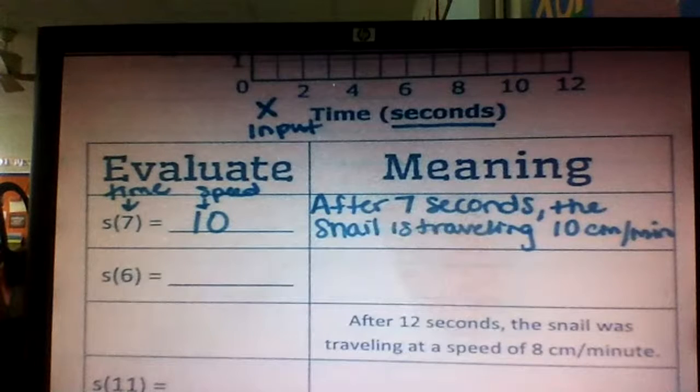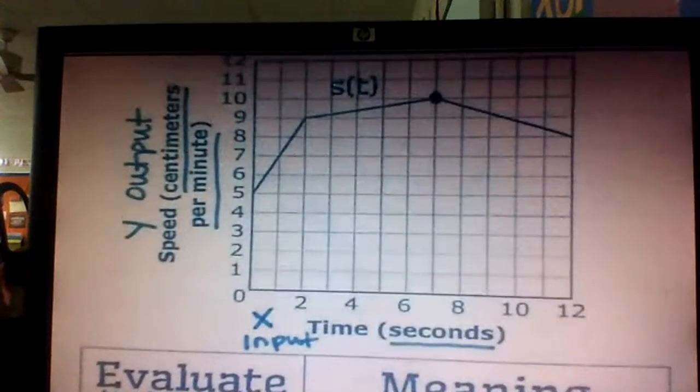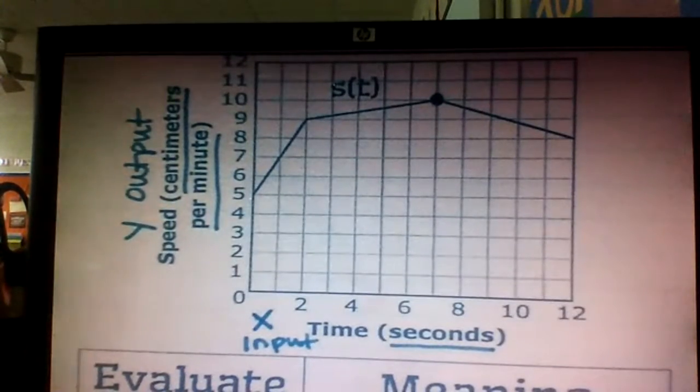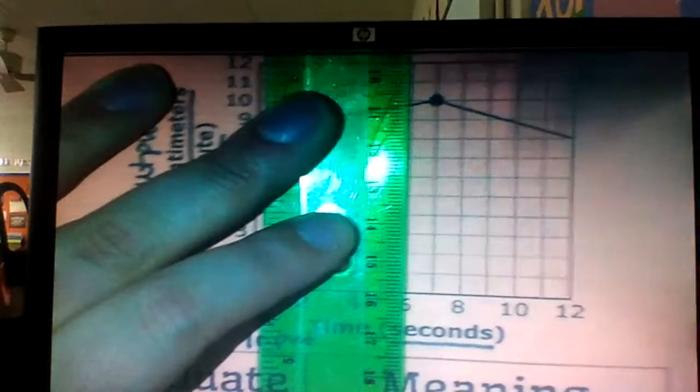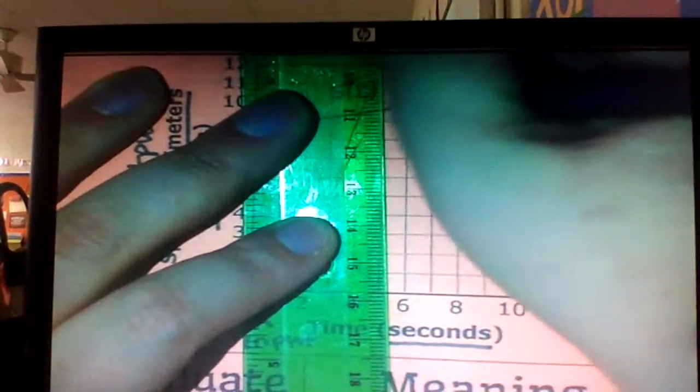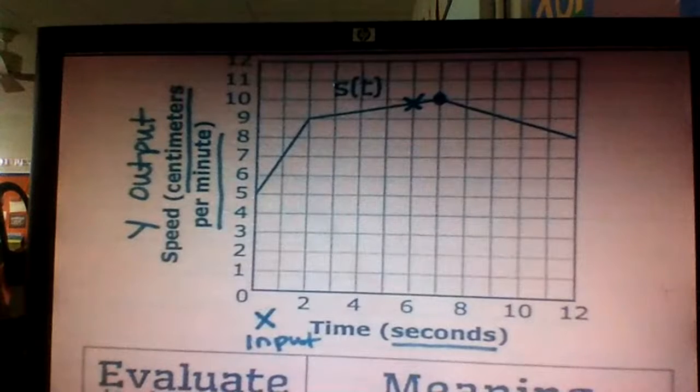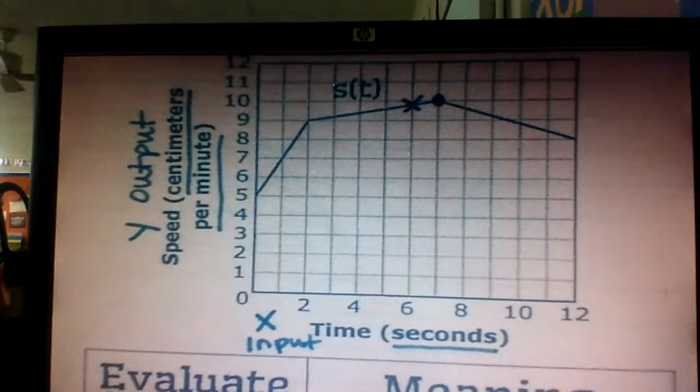Okay. S of 6. What does S of 6 equal? So find 6 on your X. So that's here. Careful, it's not above 10.